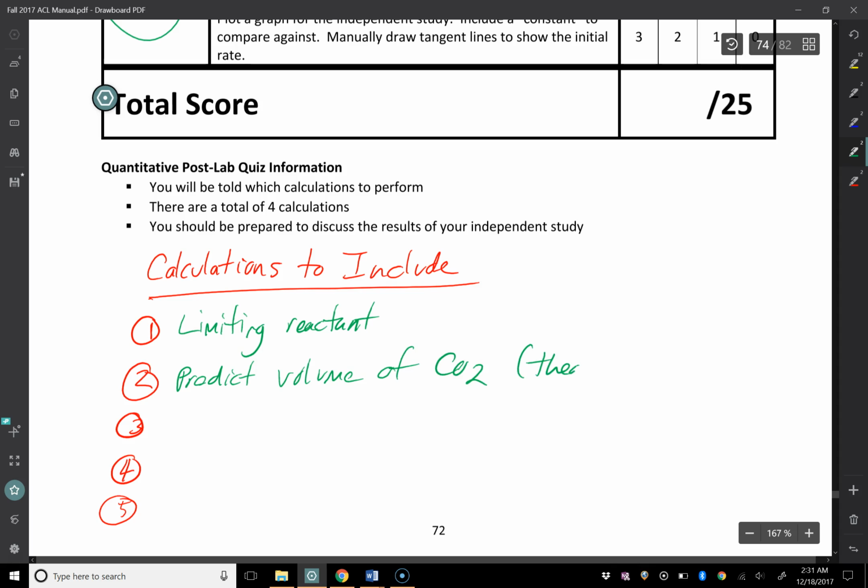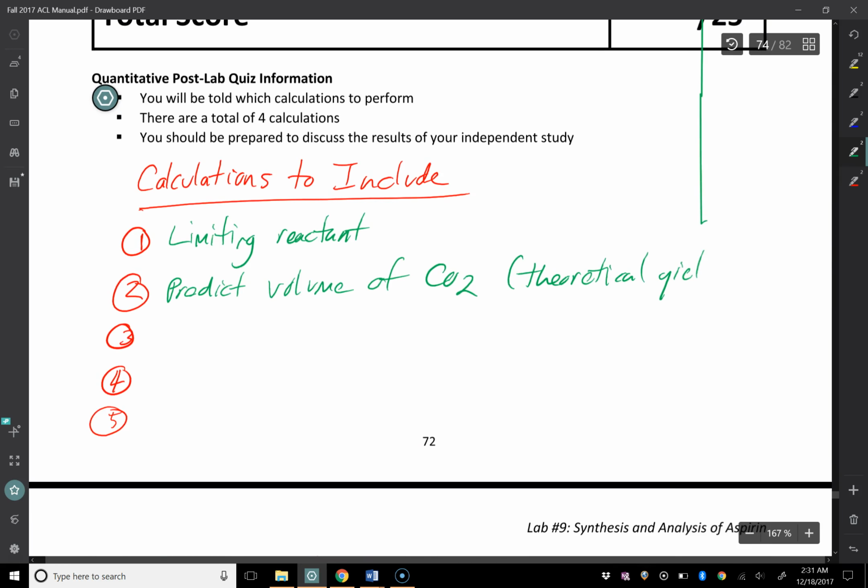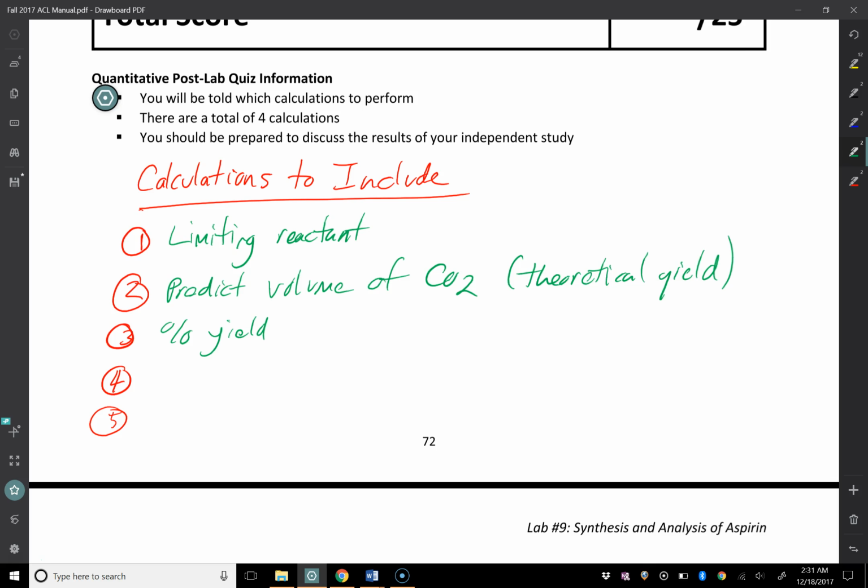In other words, the theoretical yield. Sorry, that did not work out right. Theoretical yield. You can calculate a percent yield. So really the calculations that we went over in the pre-lab when we got to do that in person.